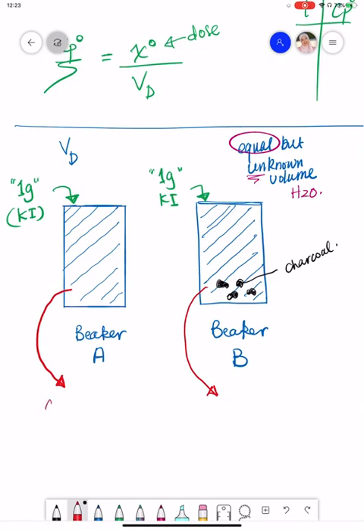And we measured the concentration of KI, and by the way, the concentrations in both of them, in beaker A and B.